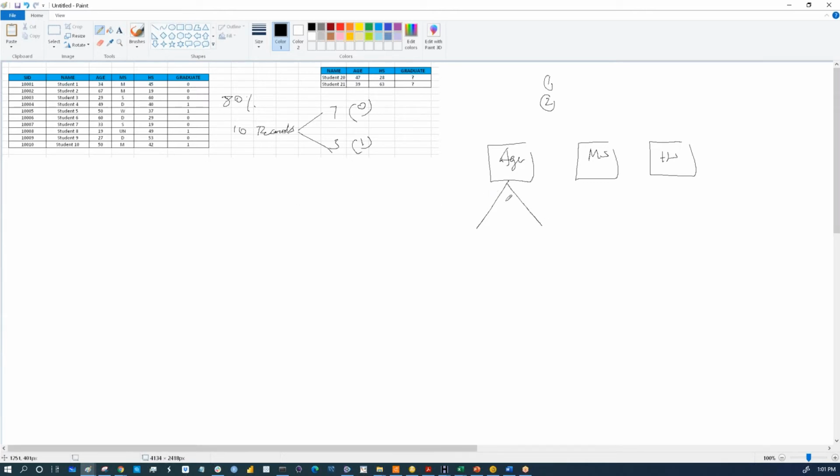Let's assume the mean is 40. Can you do the math for me, please? Less than 40 would be 1, 2, 3, 4, 5. There are 5, and the total is 10. For the first 5, how many zeros do we have? 5.